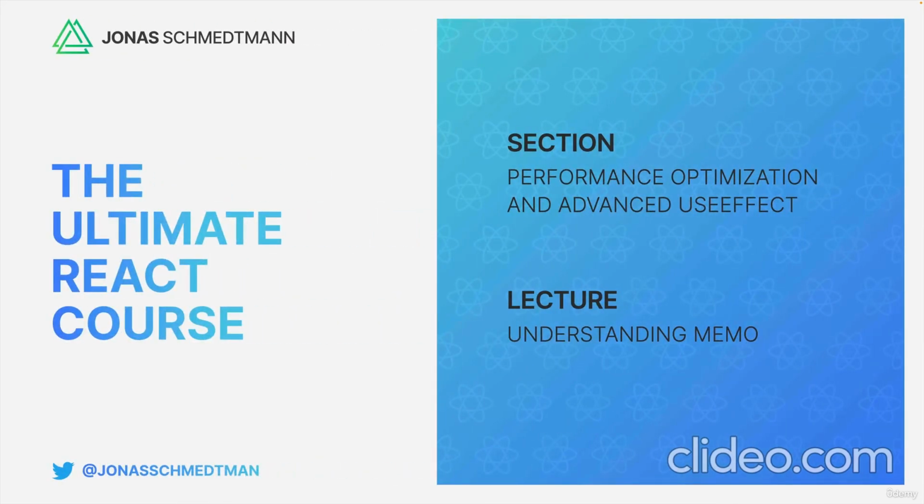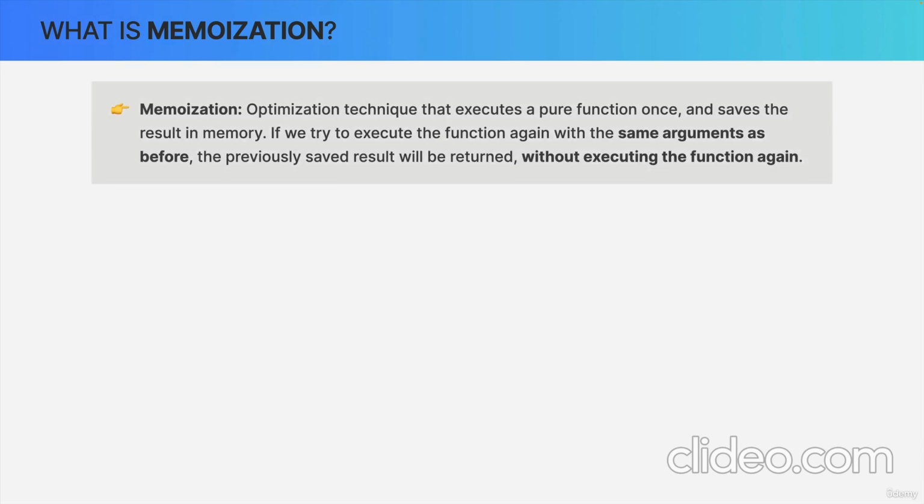Over the next few lectures, we're gonna add 3 more React tools to your toolbox: the memo function and the useMemo and useCallback hooks. Now, the fundamental concept behind these 3 tools is memoization. So that's not memorization, but really memoization.